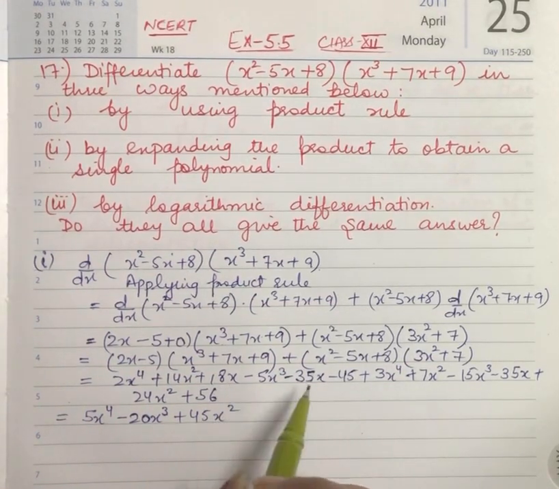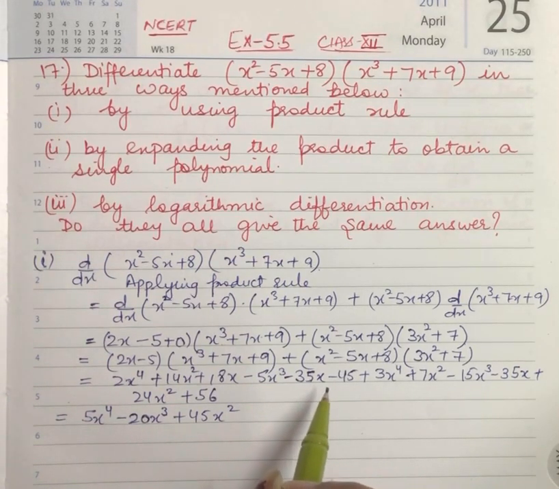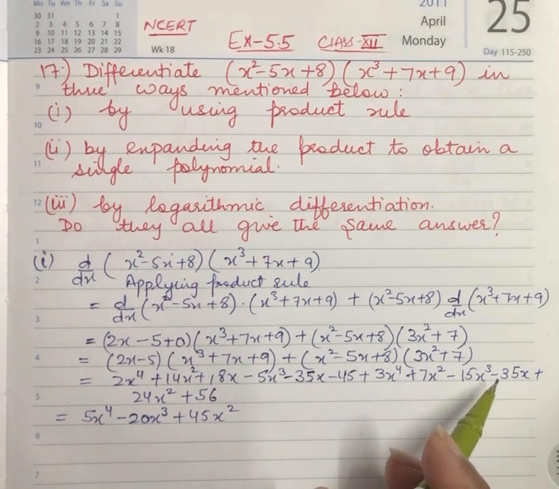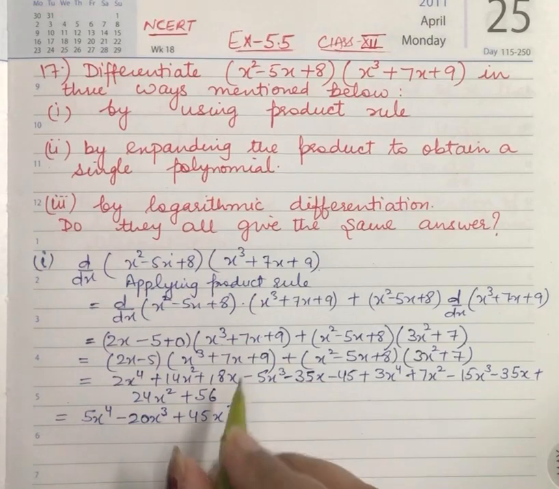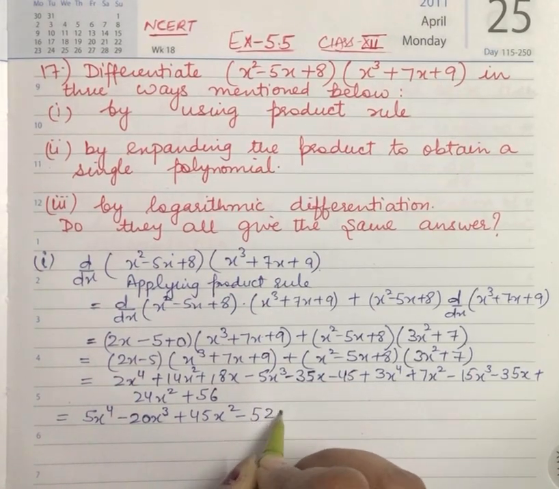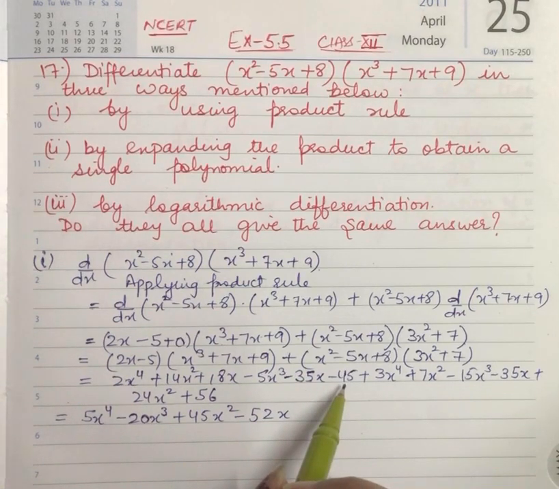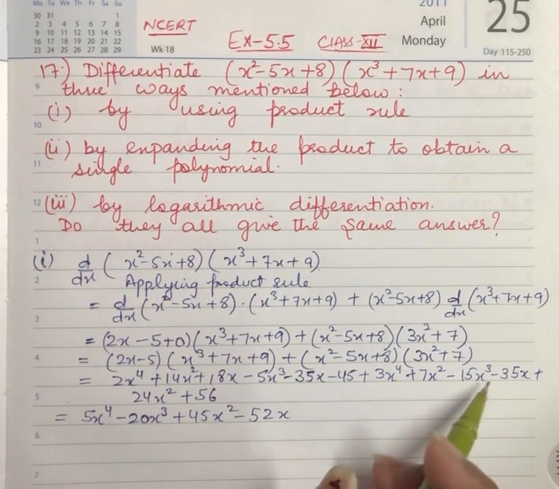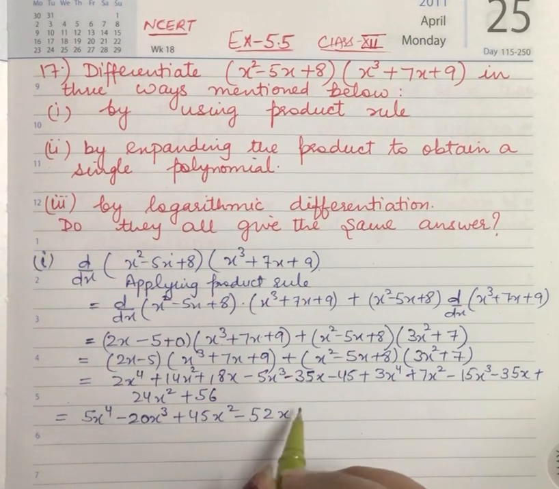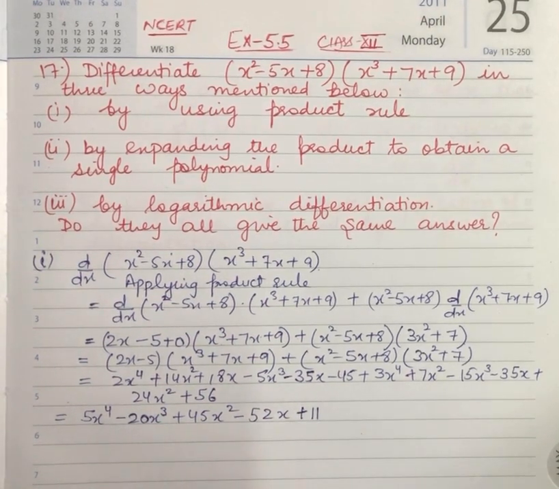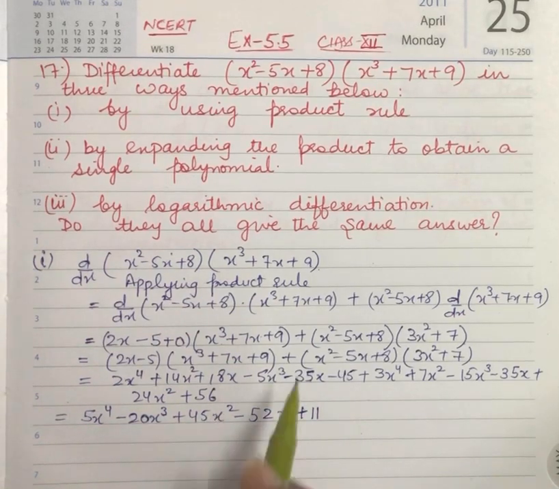Then 18x minus 35x is minus 17x, then minus 17x and minus 35x will be minus 52x. Then the constant term minus 45 and plus 56 will be plus 11. So this is the differentiation if we apply the product rule.